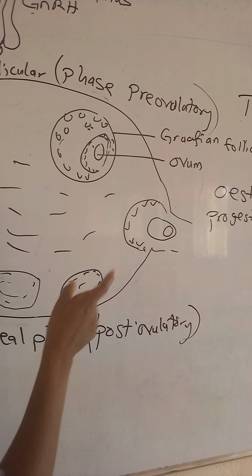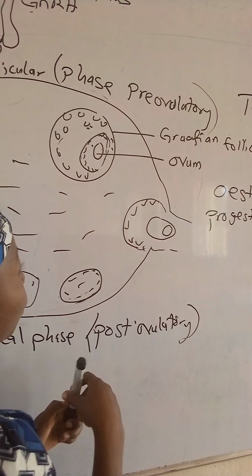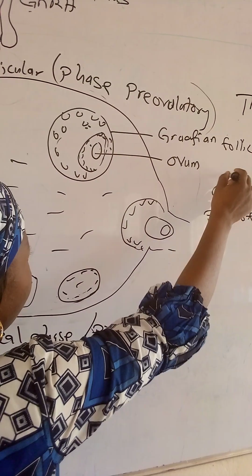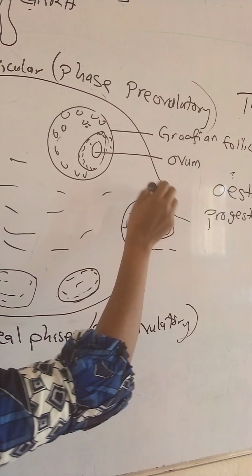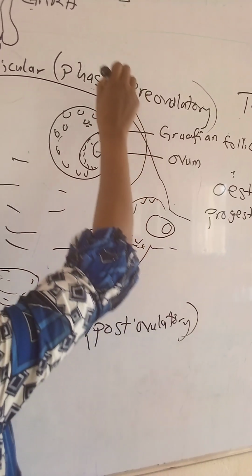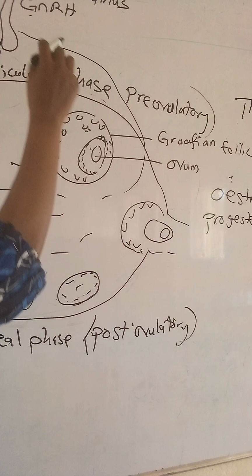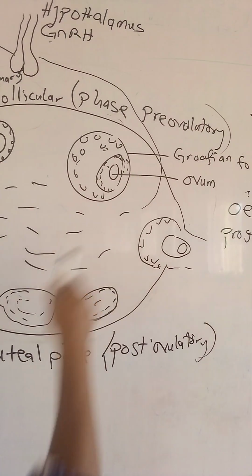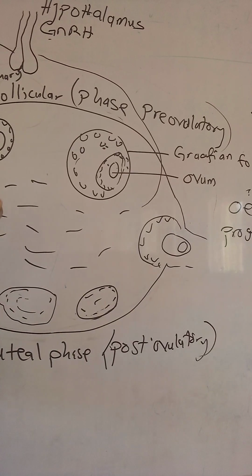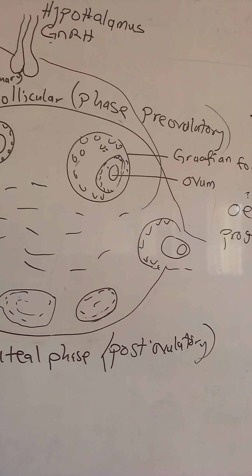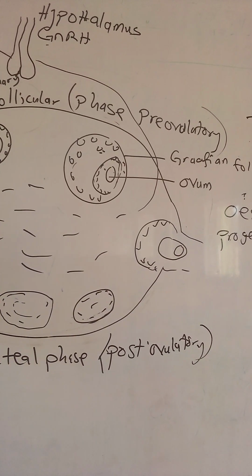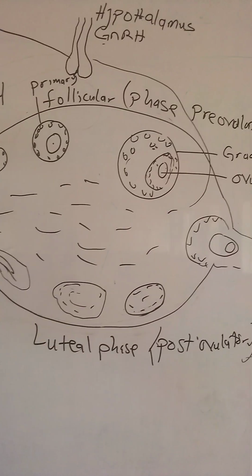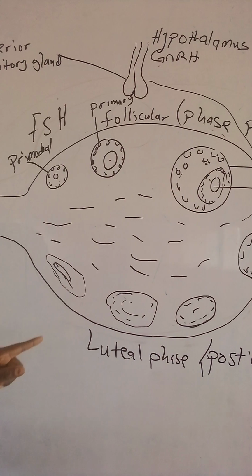All right, and once the level of estrogen has reached its peak, a message will be sent to the hypothalamus that the level of estrogen is high. So the hypothalamus will now stop stimulating the anterior pituitary gland from releasing the follicle stimulating hormone.